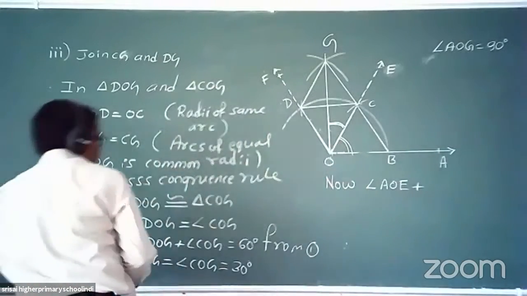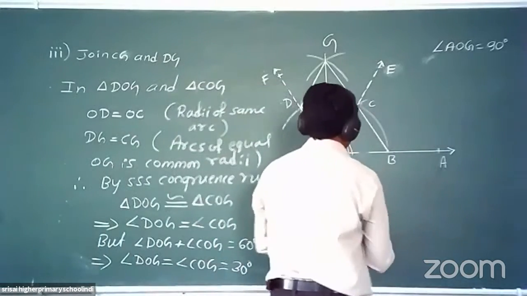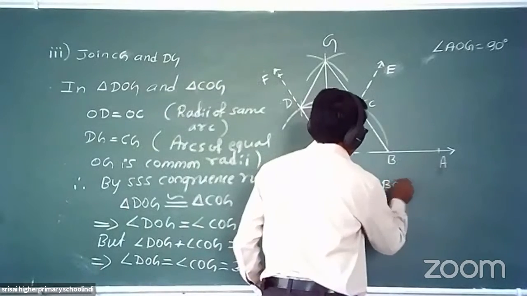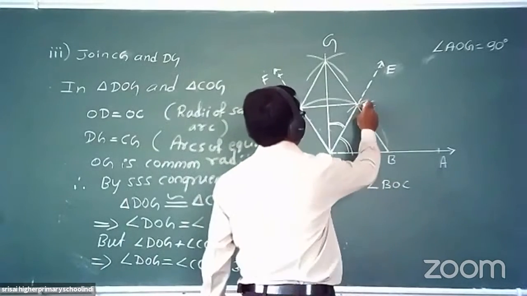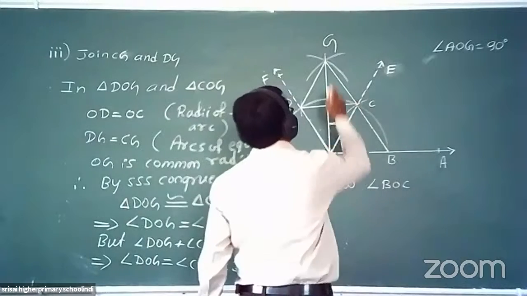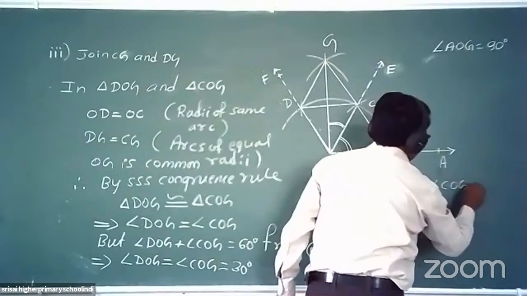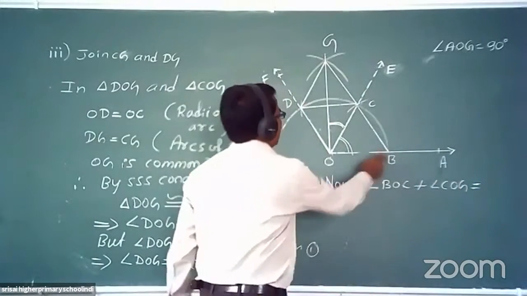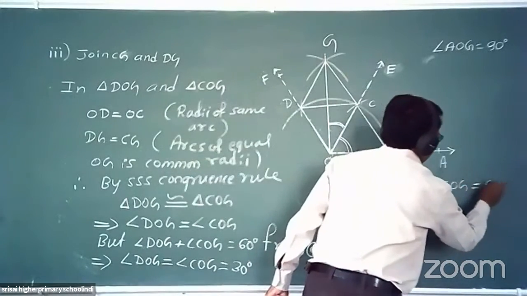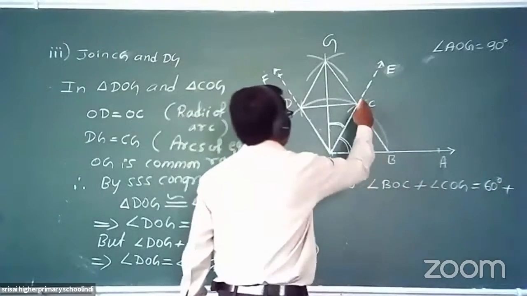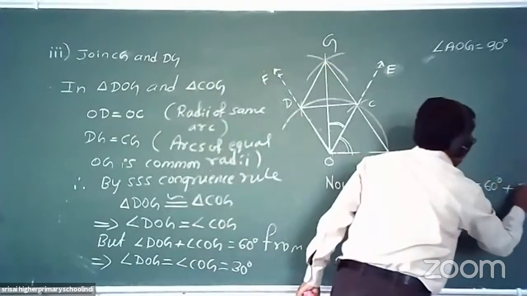Angle BOC plus angle COG equal to BOC is 60 degrees plus COG is 30 degrees.